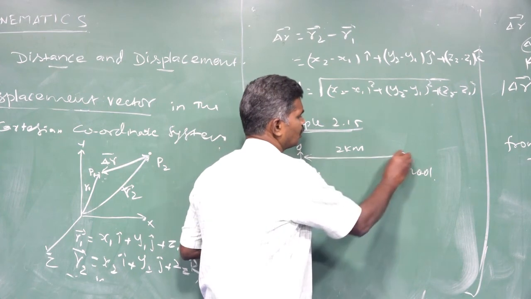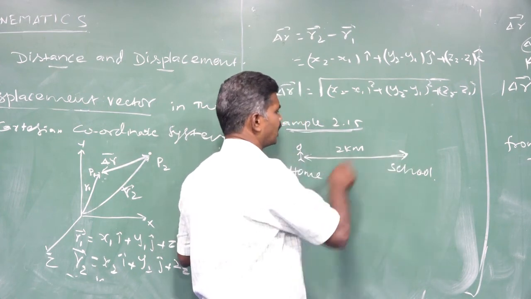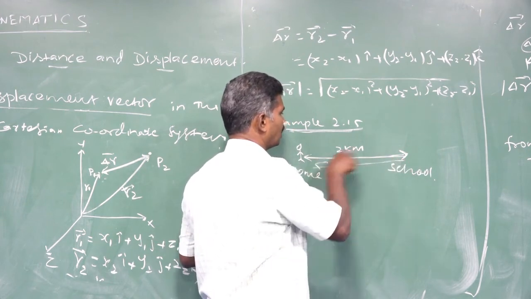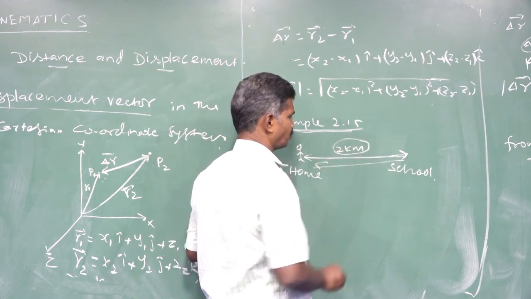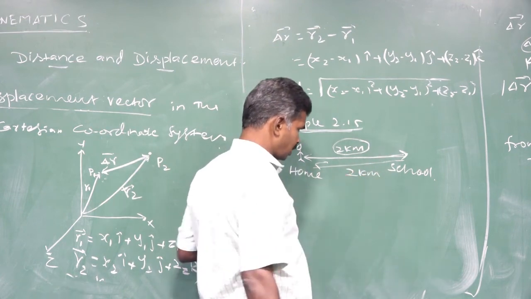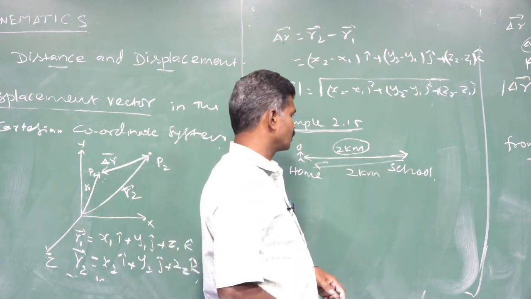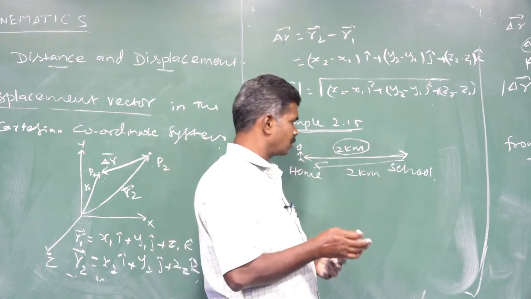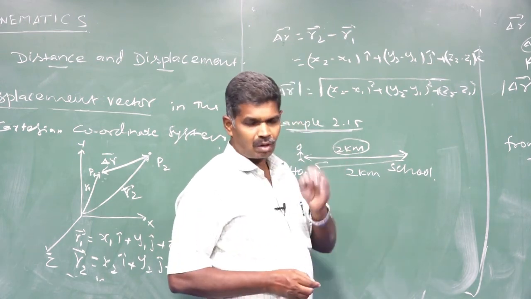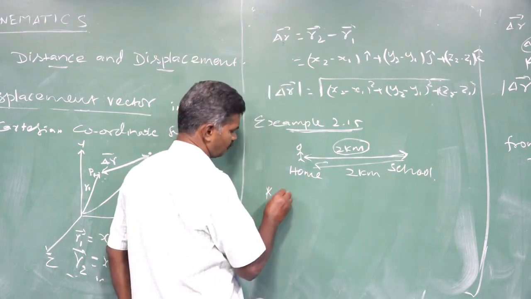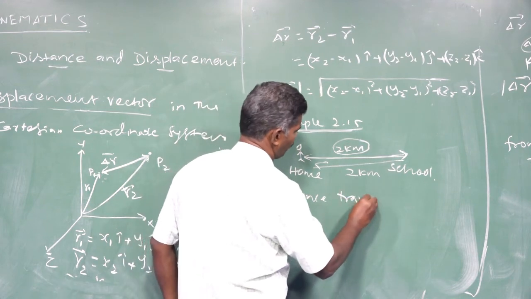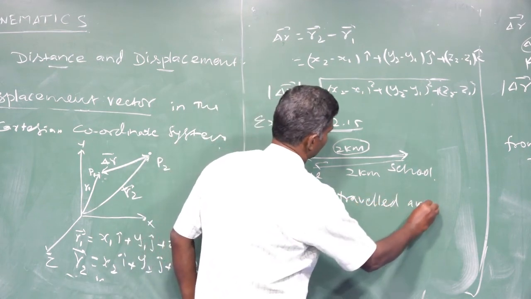So we move here in the morning, and further after 4:30 we travel back. Morning traveled distance is 2 kilometers. Evening traveled distance is a further 2 kilometers. We spend our energy for moving from one place to another physically. Anyhow, here we want to calculate both distance traveled and displacement.